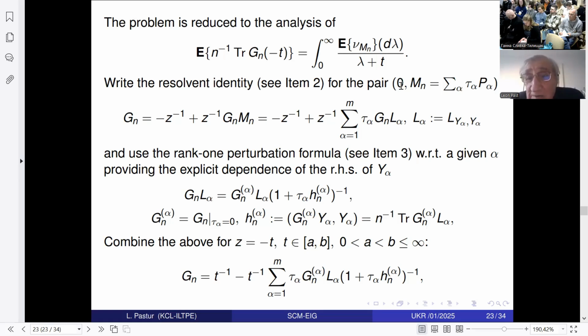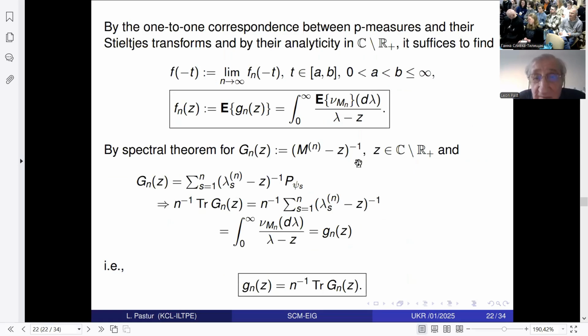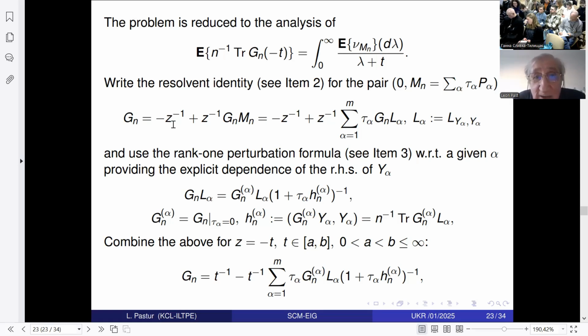Now one of the matrices is 0, and if your matrix is 0, your resolvent is just minus 1 over z. This is why I wrote it in that form. It is a bit of a physical way to write. I have to write, in fact, in front of z minus 1 the n by n unit matrix, but I do not write it. Well, this is just trivial algebra.